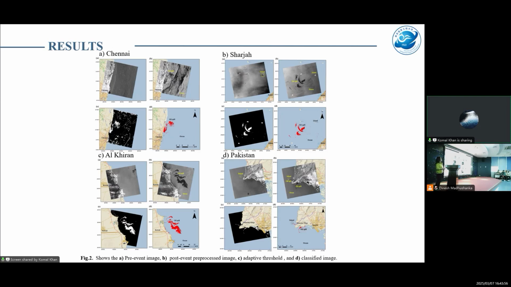All these factors we keep in mind, and then we extract features accordingly, all meteorological features or geographical features, and then I applied the adaptive threshold technique.